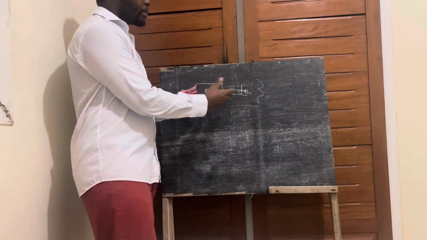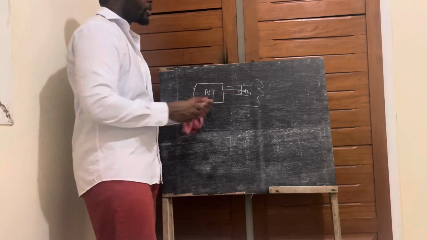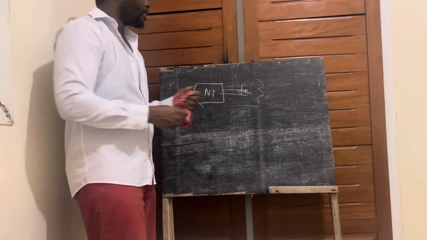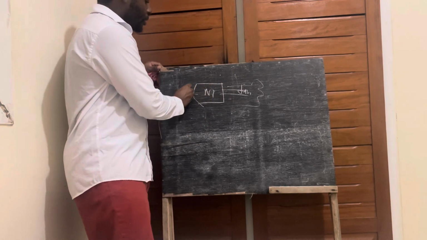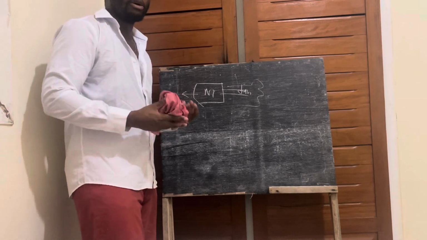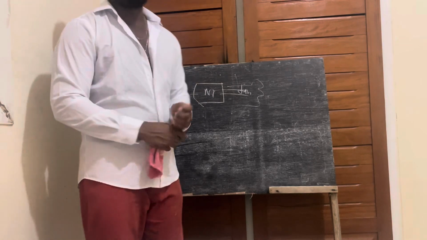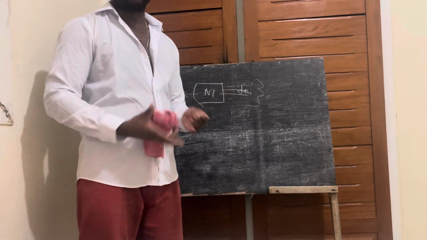There's an explosion and some chemical reaction goes on, and the reactants go in the opposite direction, which gives a boost to the rocket due to conservation of momentum. We're going to see how in this video, and specifically we're going to derive the fundamental equation of rocket motion from first principles.